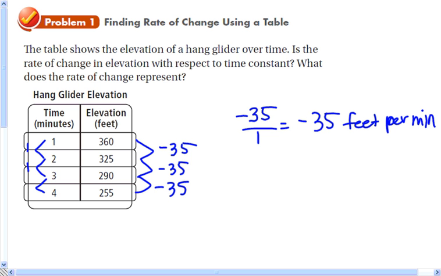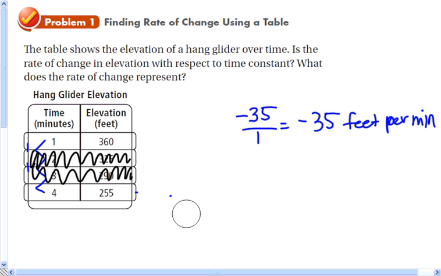So what does this mean? This means that the elevation of the hang glider is decreasing at a constant rate of 35 feet per minute. Now you might say, does it matter which values I pick? Like let's pretend for a moment that none of these values were in here, but we know that the hang glider is decreasing at a constant rate. We could still use other values to find that.